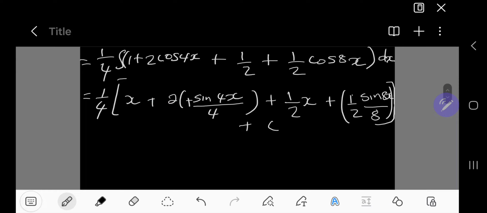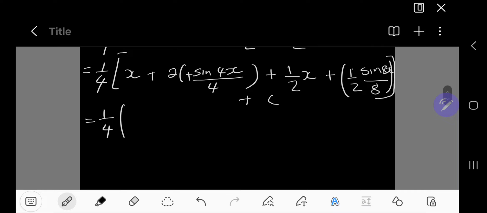Now let us try to write out the final answer. 1 over 4, this x and this x will add. So when we add 1 over 2, that is 0,5 plus 1, that is 1,5, which makes this 3 over 2x. And here we will cancel, have 1 and have 2 here.